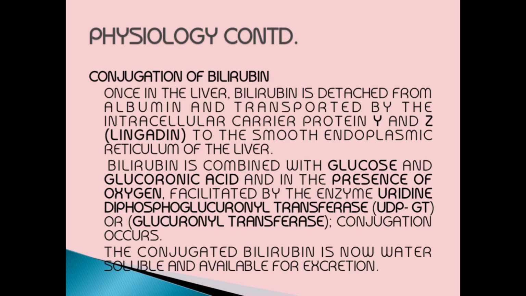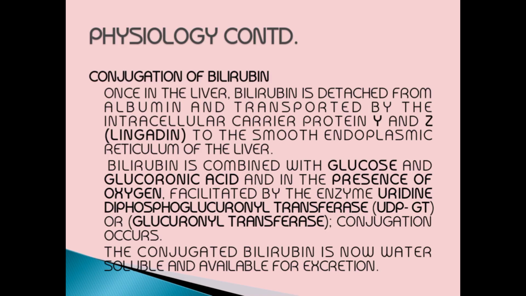So let's look at this. Once in the liver, bilirubin is detached from the albumin and transported by the intracellular carrier proteins Y and Z, which are the ligandin, to the smooth endoplasmic reticulum of the liver.